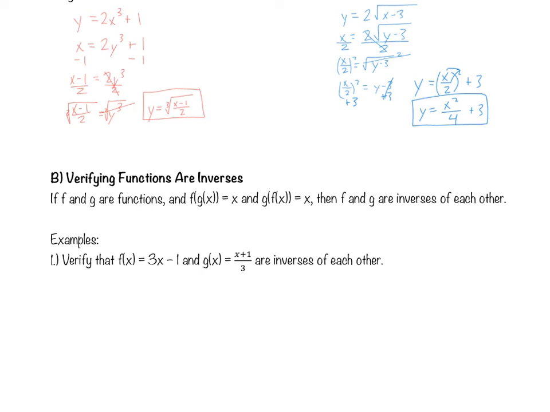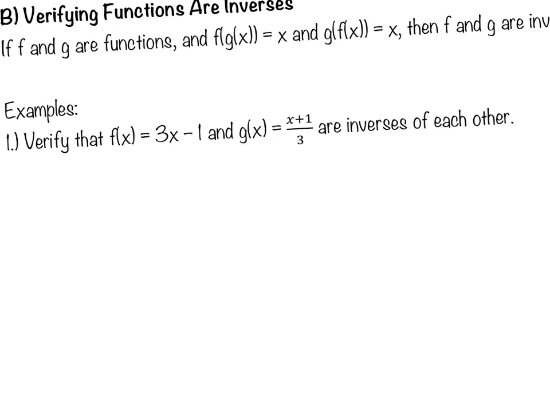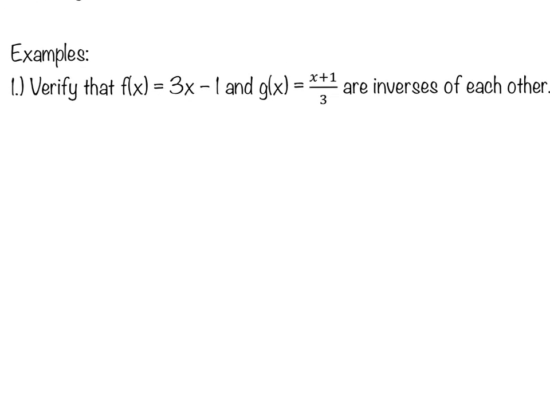So putting the g function into f gives you x, and putting the f function into g also gives you x. So if you do both versions of the composite functions and get just x, then they are in fact inverses of each other. So this is why we did this last class.